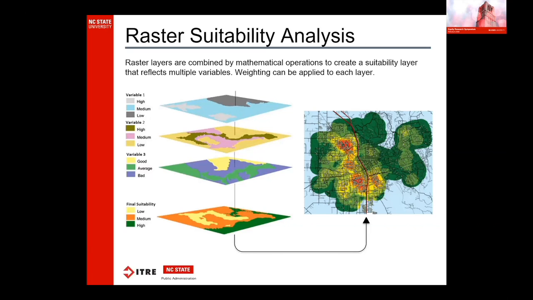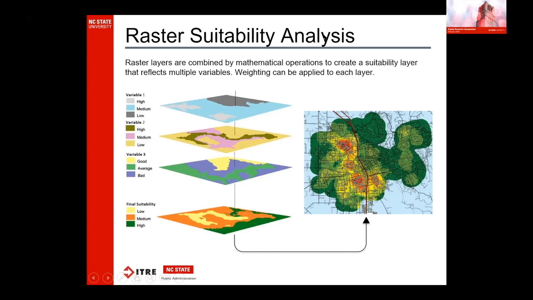The basic premise behind raster suitability analysis is that we often want to simplify how we look at a stack of different geographic variables. We may have 3 geographic variables, such as are shown in this image here, that we want to simplify into a single layer. So we're coming up with a composite measure from these individual inputs.